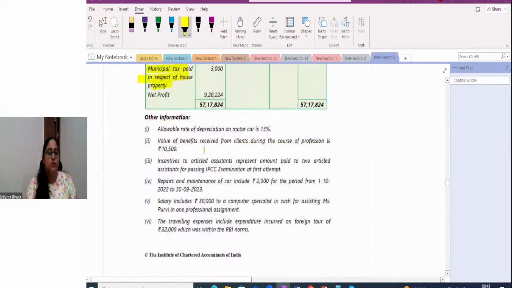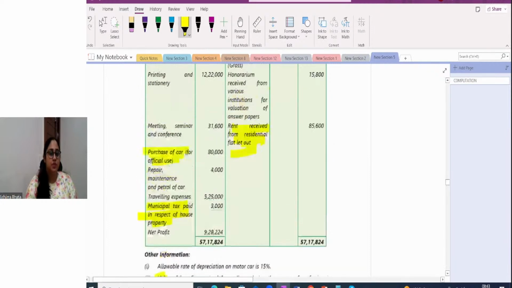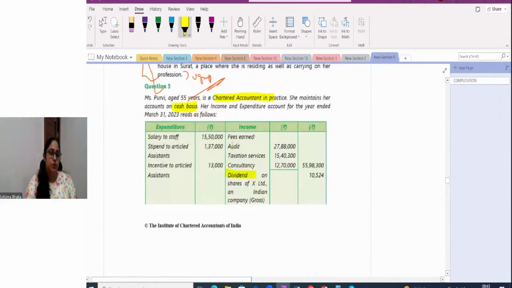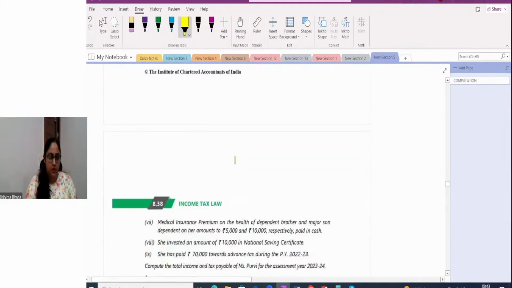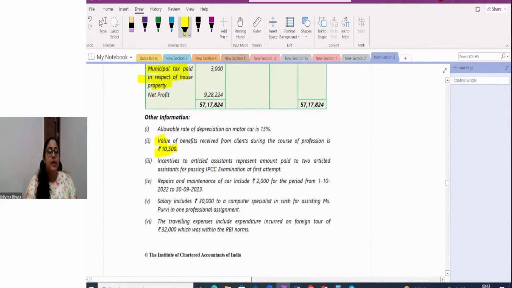Okay. Few adjustments. Allowable rate for motor car, fine. Value of benefits received from client during the course of profession, 10,500. This is value. Because she is maintaining on cash basis, she might not have included it here. Okay. Incentives to article assistants represent amount paid to 2 article assistants for passing IPCC examination at first attempt. Cool, no problem.